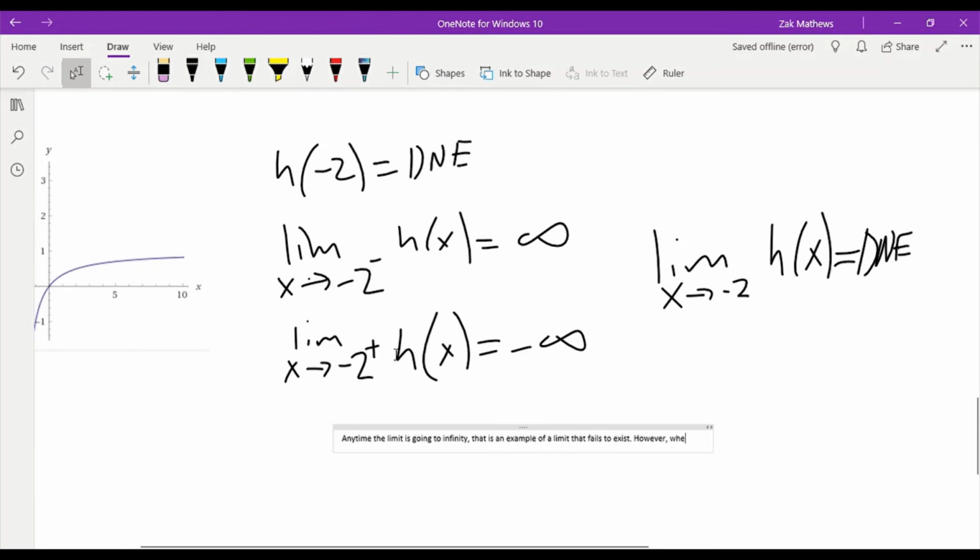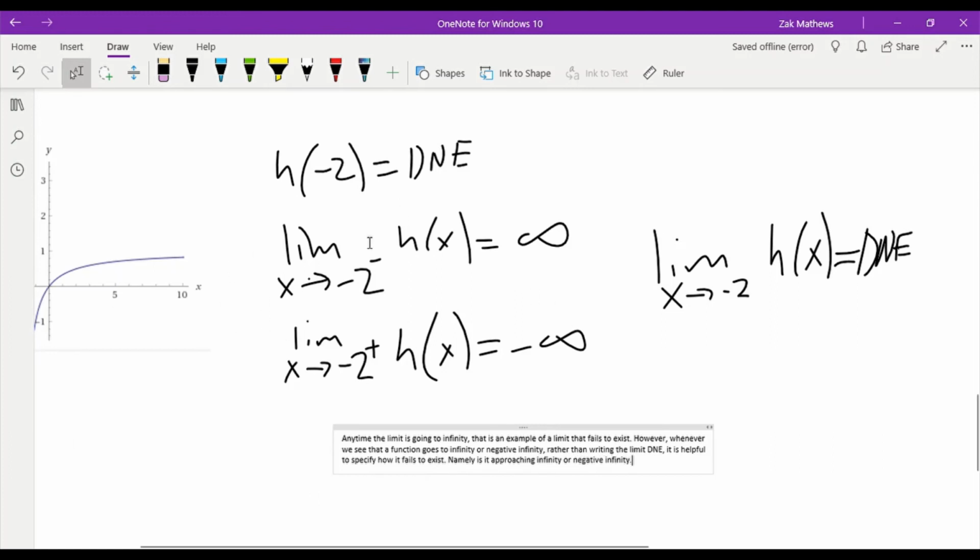However, whenever we see that a function goes to infinity or negative infinity, rather than writing the limit does not exist, it is helpful to specify how it fails to exist. Namely, is it approaching infinity or negative infinity? So exactly what I've done here.